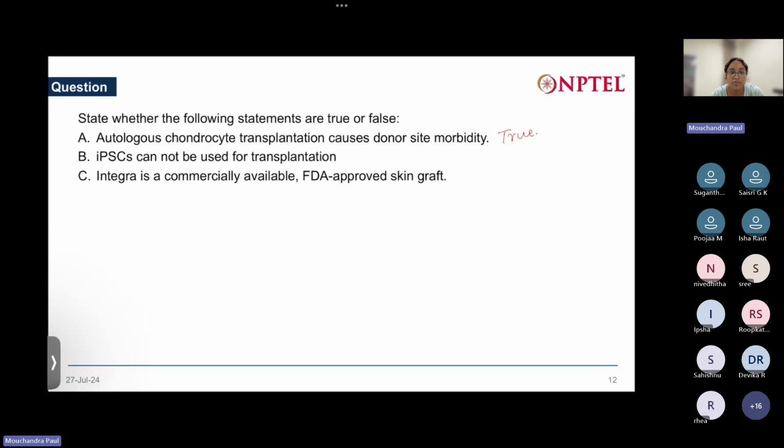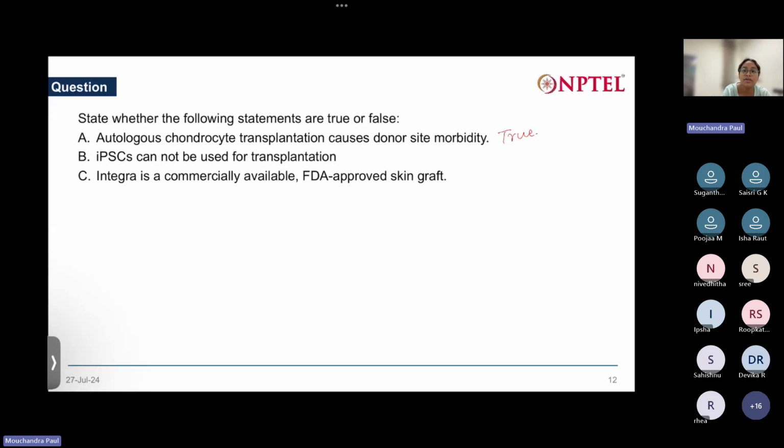Then the third option for this particular question is: Integra is a commercially available FDA approved skin graft. Is it true or false? True. It's true. So Integra is actually a dermal substitute of skin. I told you there are two layers of skin, epidermis and dermis.